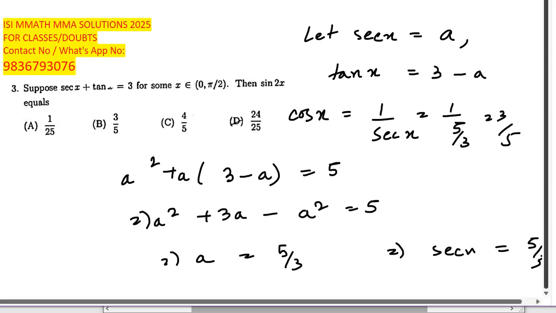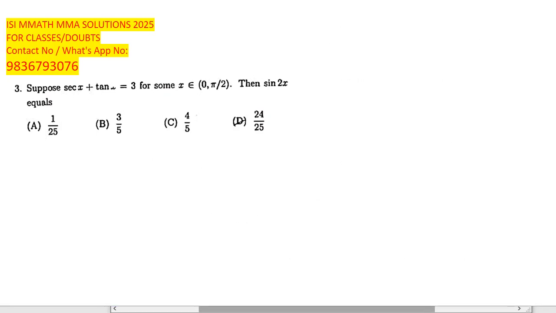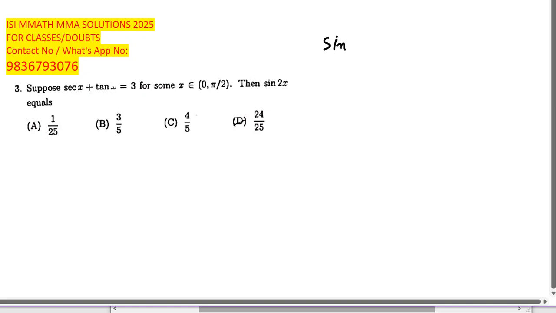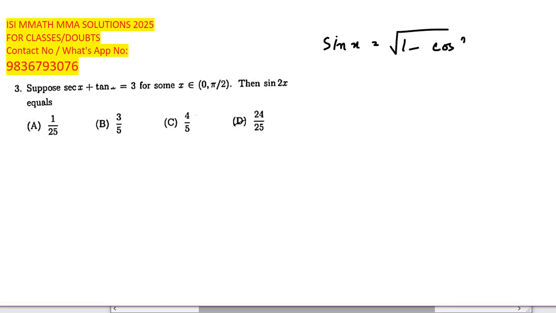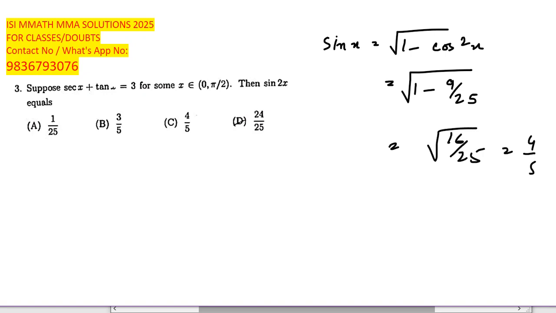So then sin x will be root under 1 minus cos square x. So that is 1 minus 9 by 25, or root under 16 by 25, so that is 4 by 5.